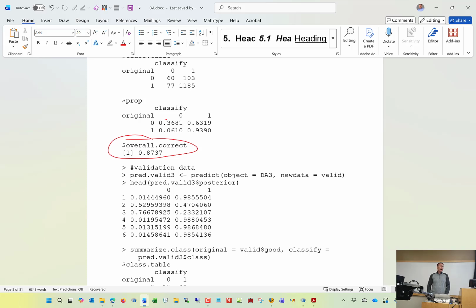So that's better than what we had before. I'll talk more about whether that's really good or not coming up. Notice the successes: we get about 94% of them right. But now we have some more problems with the failures. Only 37% right.